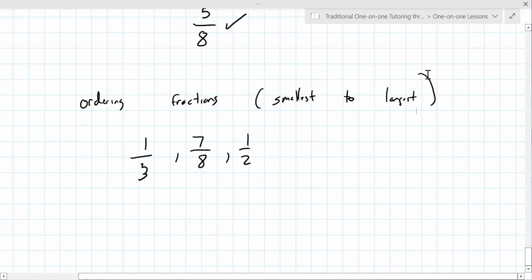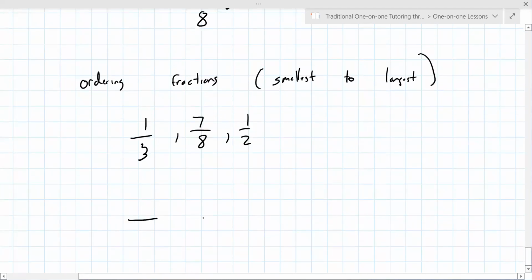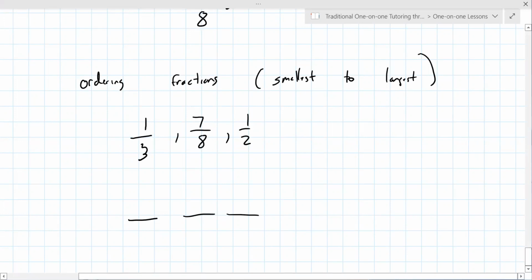To do this, you have to make a common denominator like we've been doing when you add. What is the common denominator in this case? What's the least common multiple of 3, 8, and 2?